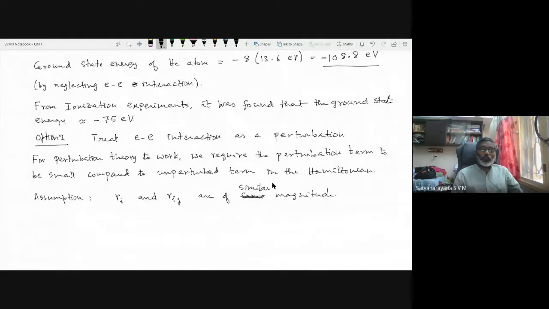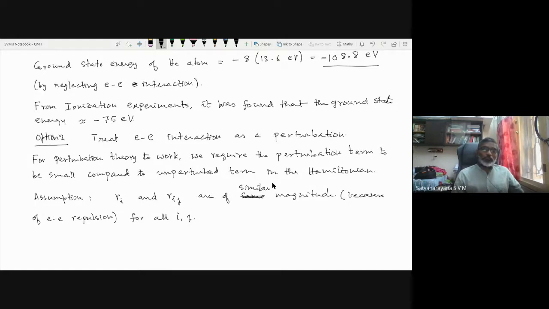Okay, and what is the justification? The justification is electron repulsion. Since electrons are repelling each other, they will try to push themselves apart, so the distance between any two electrons, for all i, j, will be of the same order of magnitude as the distance from the electron to the nucleus.